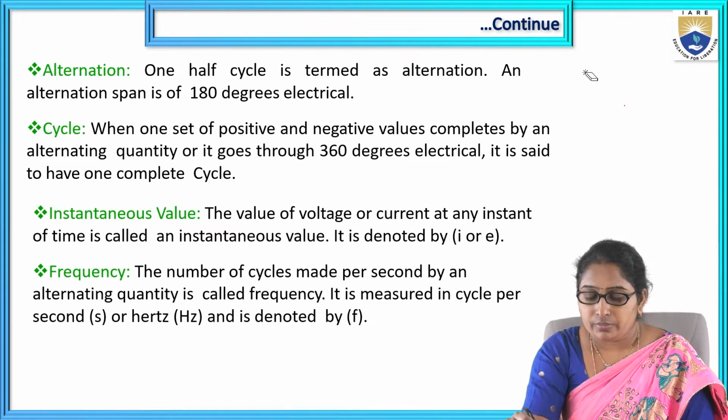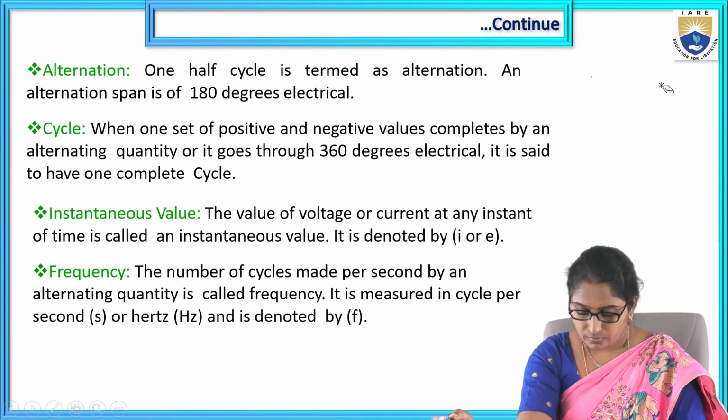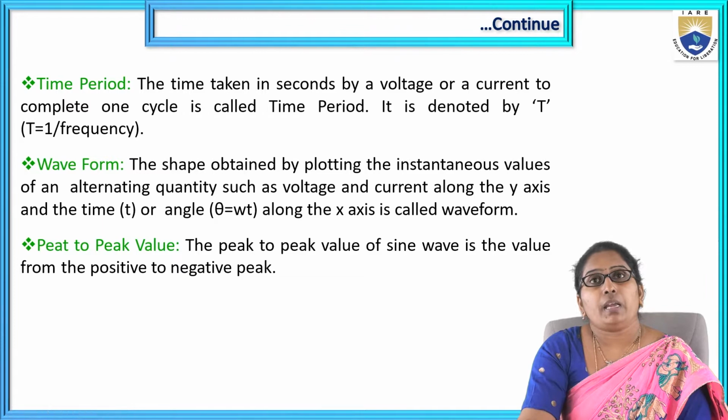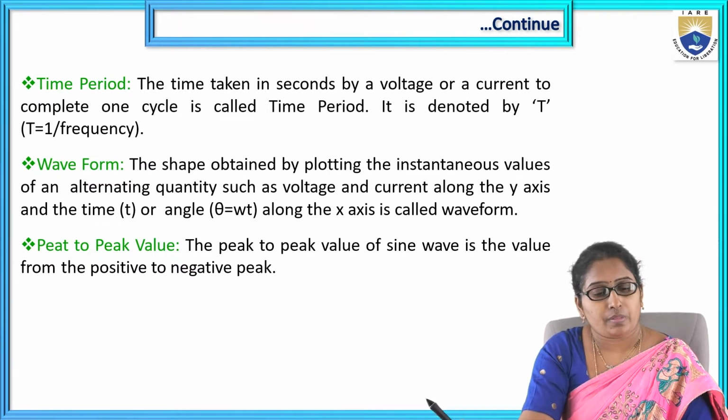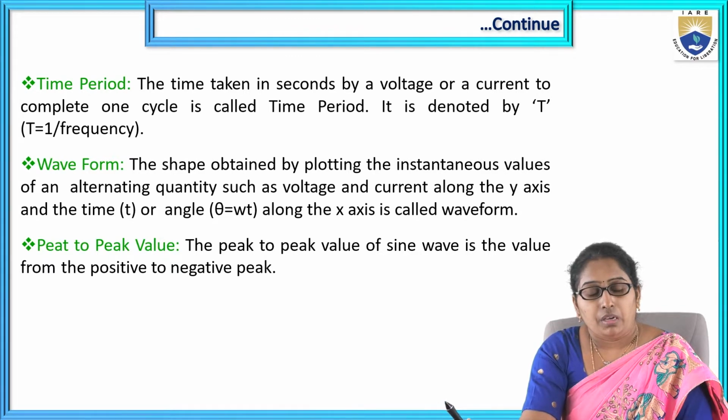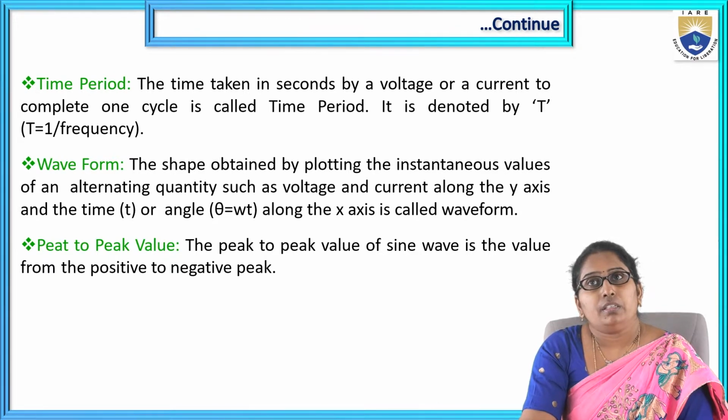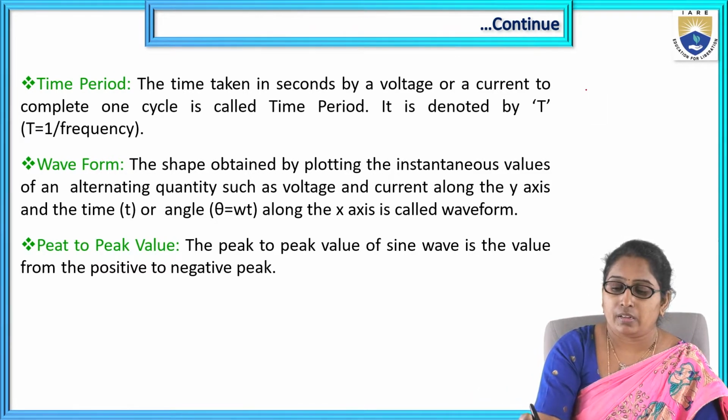Next definition, time period. The time taken in seconds by voltage or current to complete one cycle.